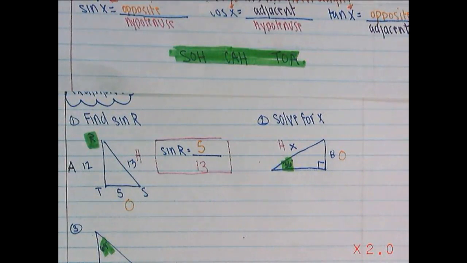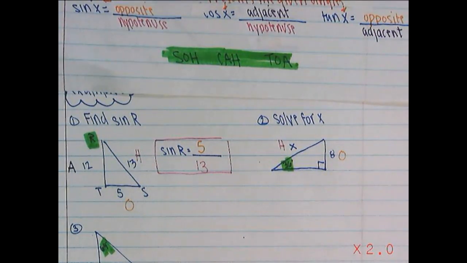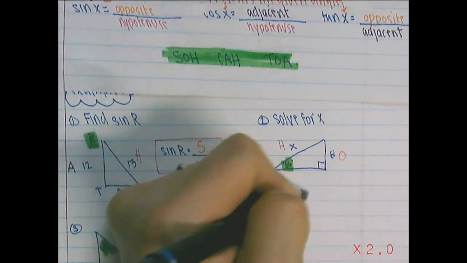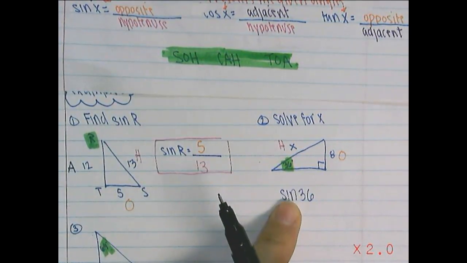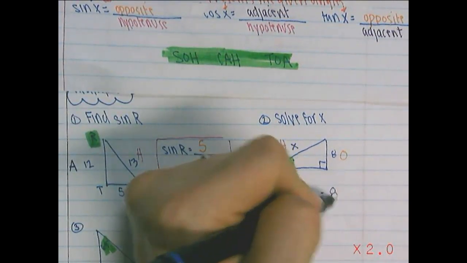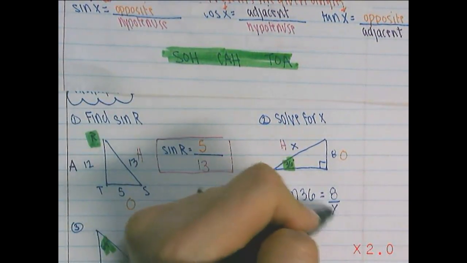So I'm going to write sine of 36. I have to use SOH, right? That's all I have. Equals opposite, 8, over x.